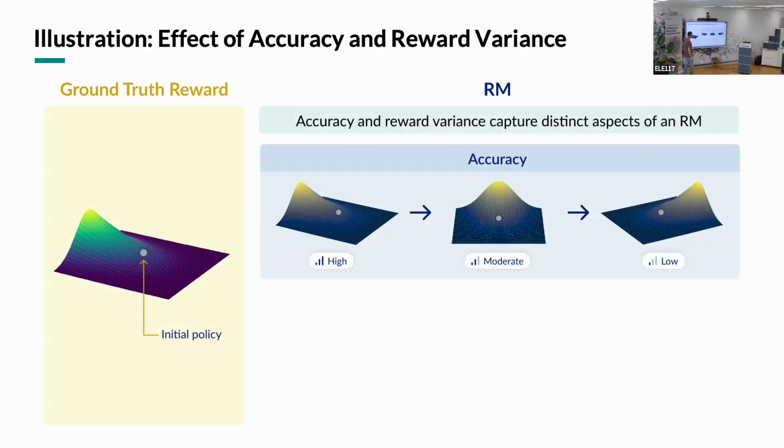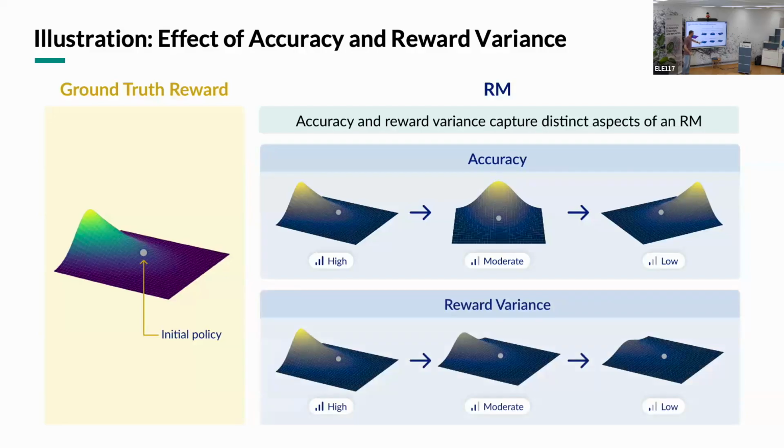If it is very accurate, it will tell us to go to the top left to maximize the reward. But if it is inaccurate, it may consider other directions that are actually bad under the ground truth reward as good. This is what leads to reward hacking: you may increase your proxy reward but actually decrease the ground truth reward. So accuracy is a beneficial property. We definitely want our reward model to be accurate.